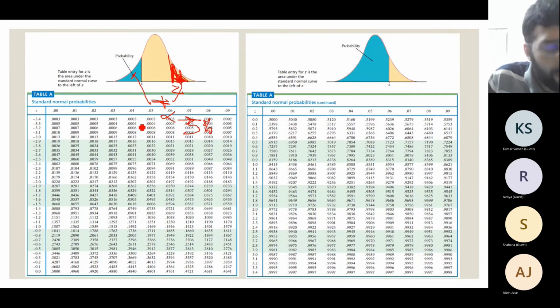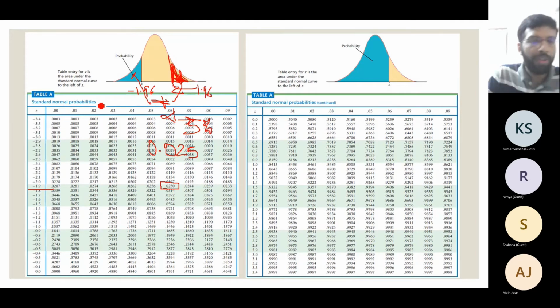So I have to find the value corresponding to 2.5%, that is probability 0.025. I can find it here, right? This value is minus 1.96 and this value is 1.96. So outside minus 1.96 and 1.96 set scores, I will have my rejection region as 5%.